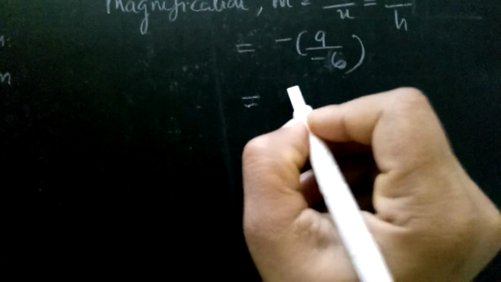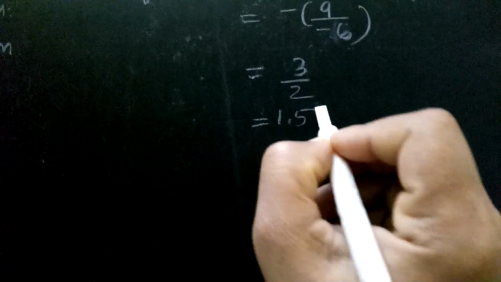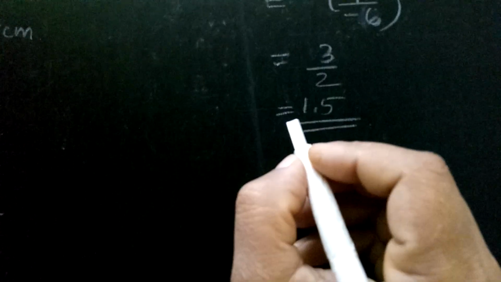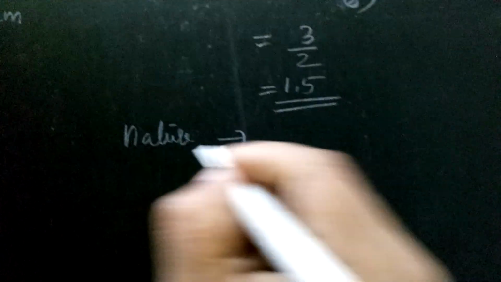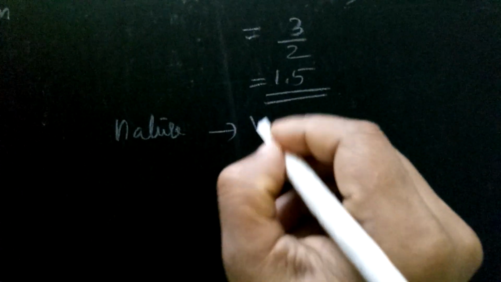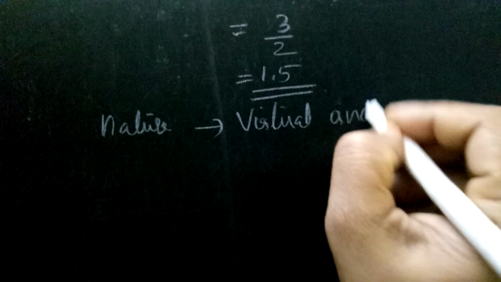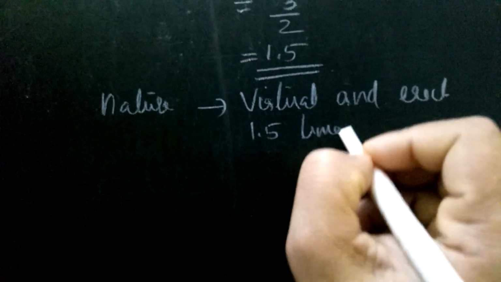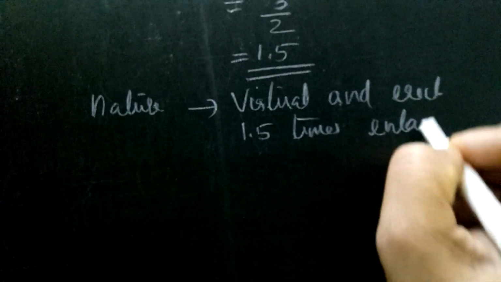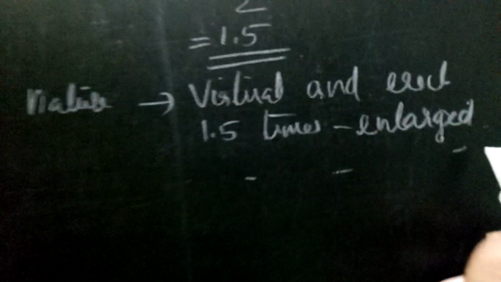Okay, so negative and negative become positive. 9 by 6 means 3 by 2, isn't it? So 1.5. So what is the nature? Nature of image, it is virtual and erect. Then 1.5 times enlarged. Virtual and erect, and 1.5 times enlarged.